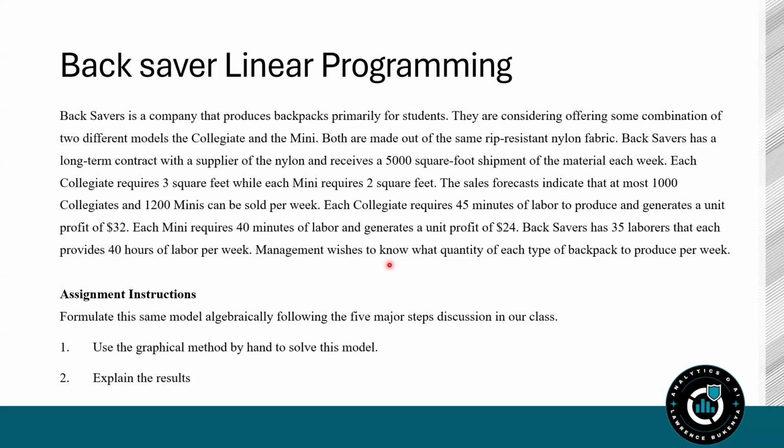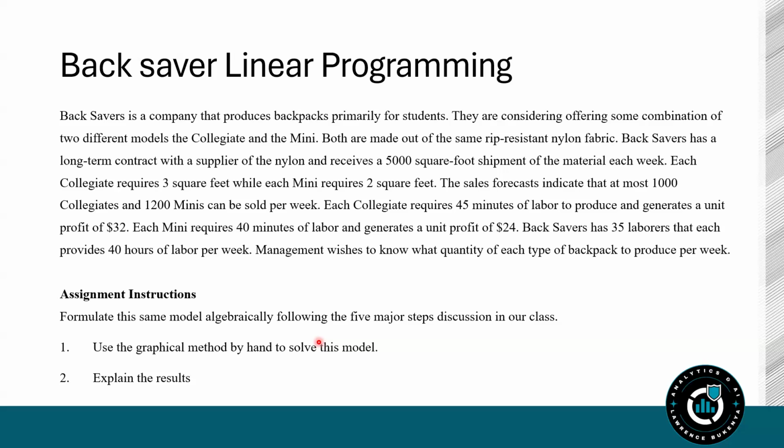to maximize their profit. Here we are going to formulate the model algebraically using the 5 steps, and these are kind of like the foundational steps we have to follow in linear programming, regardless of what use case or application we are looking at. Then we use the graphical method here to solve this model.